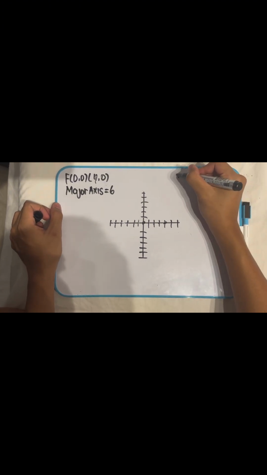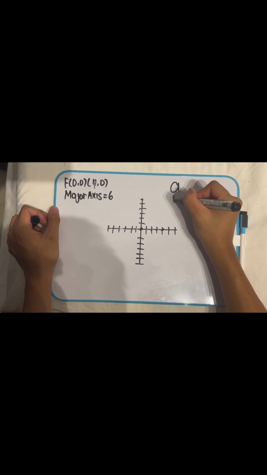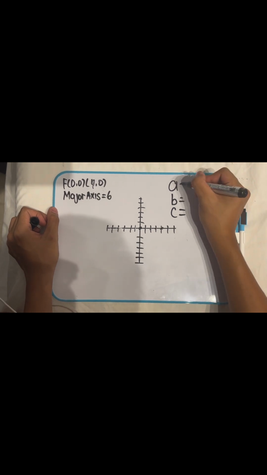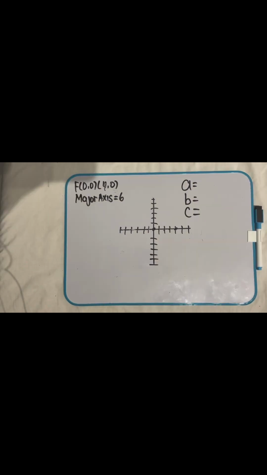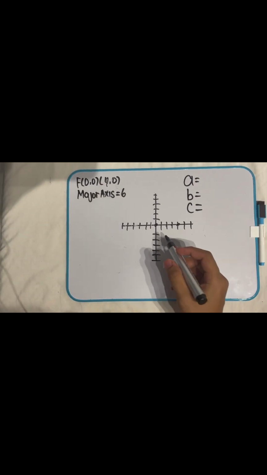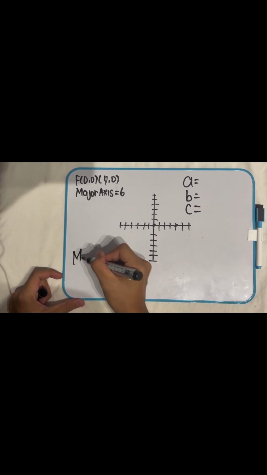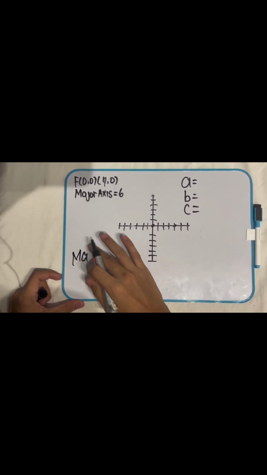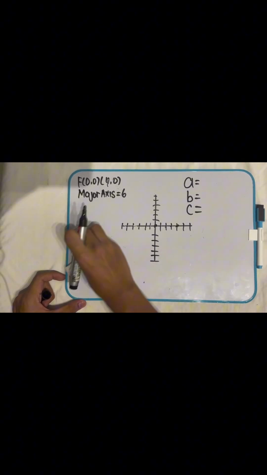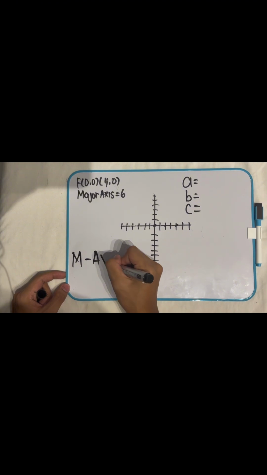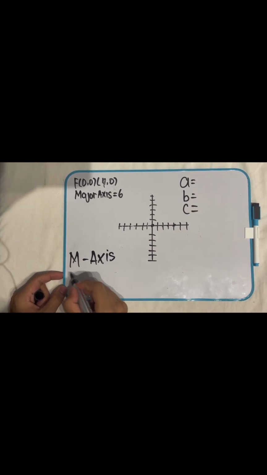To get the standard form, we have to get our A, B, and C values. First, to get the value of A, we have to divide the major axis by 2.